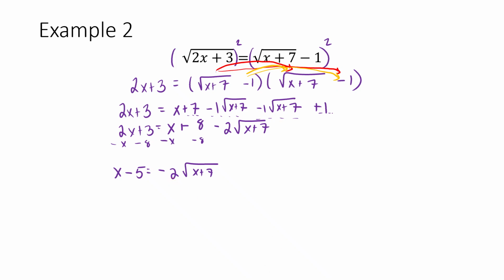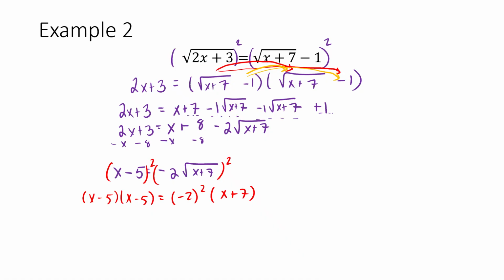So now we've got to do the second squaring step. So we have to square and square again in order to get rid of the other square root. This will be x minus 5 times x minus 5. And this is what I mean when I say, just kind of leave it there.